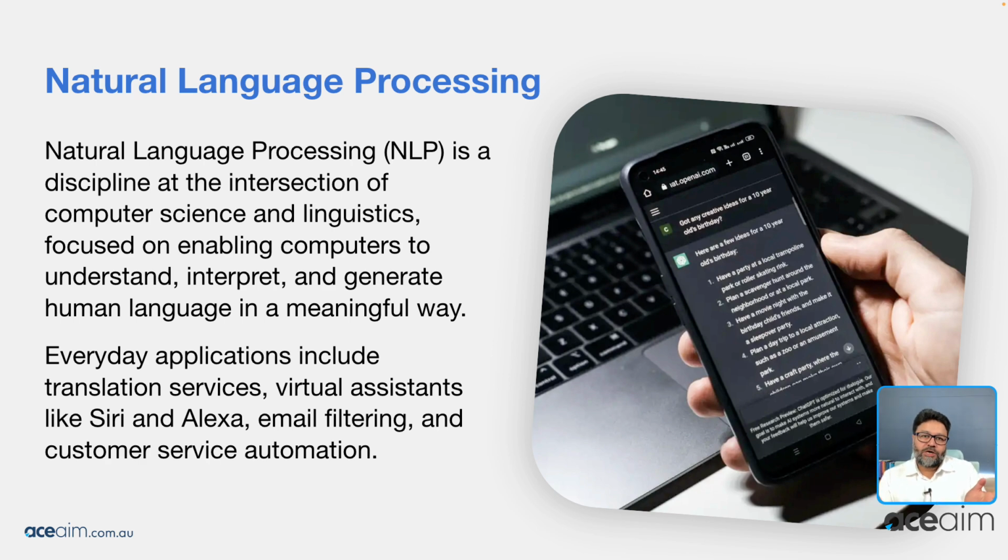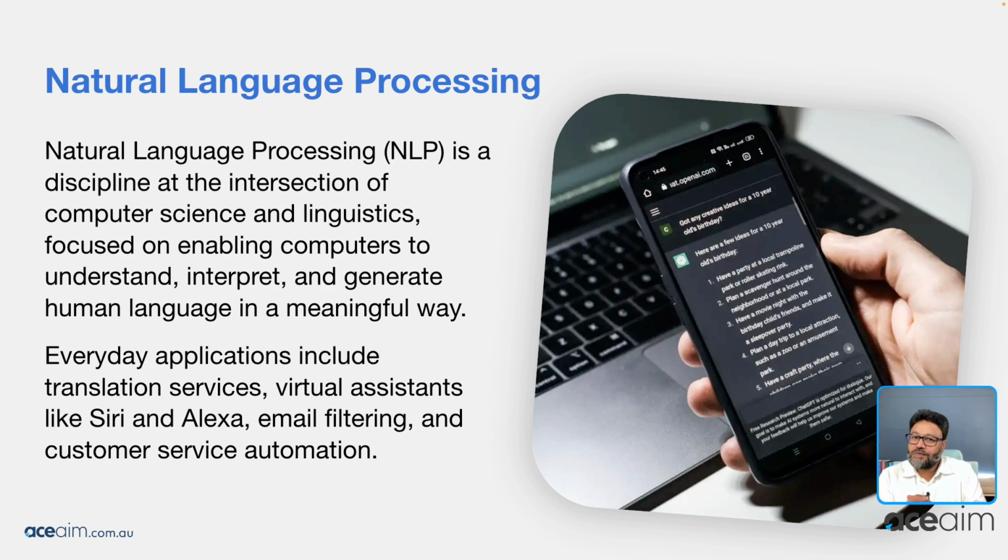AI systems use natural language processing very frequently, thanks to ChatGPT, which introduced natural language processing to the whole world. ChatGPT takes a human-like sentence, processes it, and gives the response in human language.